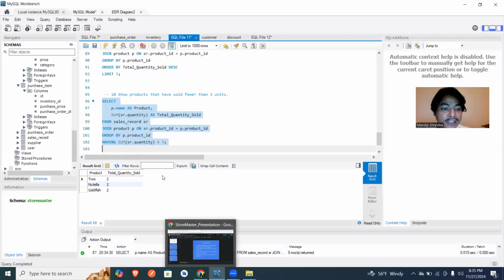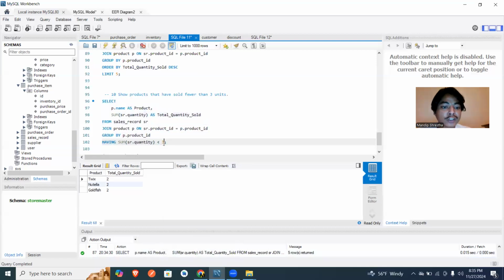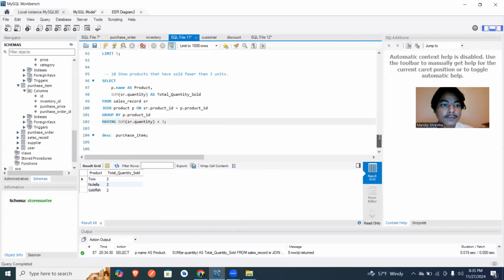Right now, I have set the limit to 3. Based on the store requirement, we can change this value. So this is all about the functionality of my StoreMaster database management system.